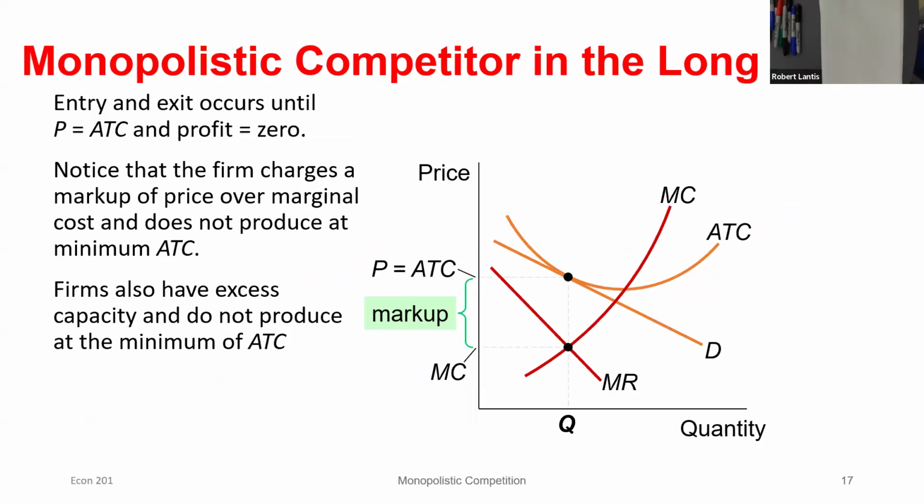So if we're thinking about the long run, here's the quantity of the firm. Here's my demand curve that the firm faces. Here's my marginal revenue, twice as steep, because they're setting a single price for their product.